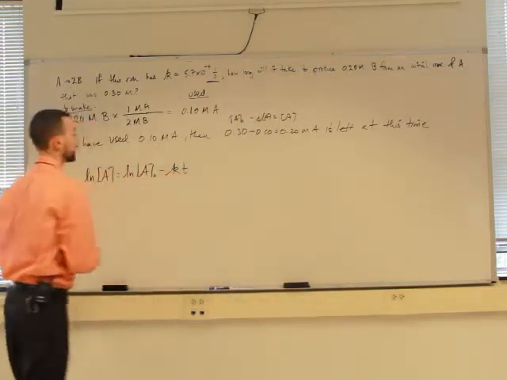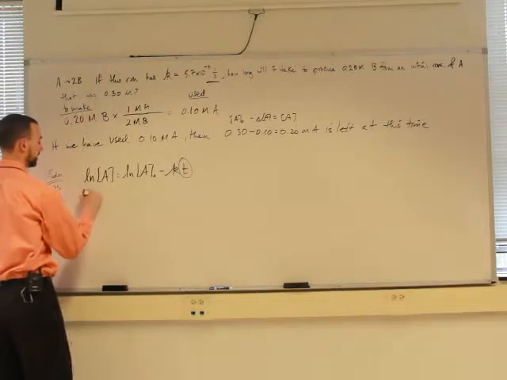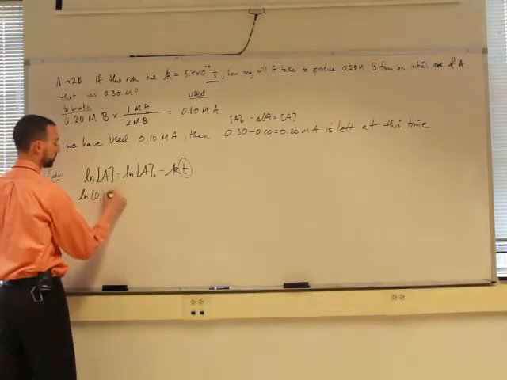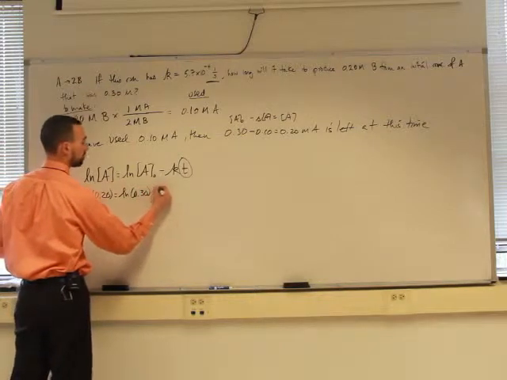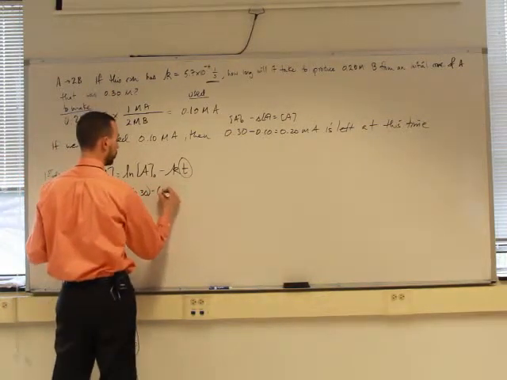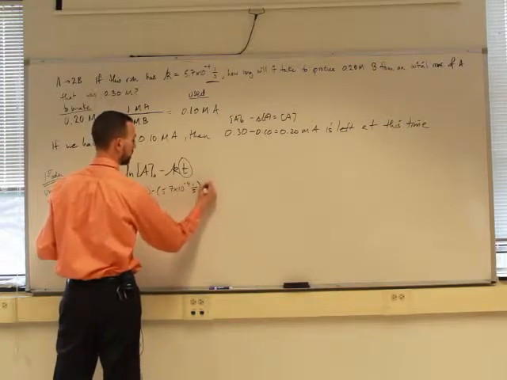All right. So now I'm after time again. I want to solve for time. So now we can plug in some numbers. ln of 0.2 equals ln of 0.3 minus 5.7 times 10 to the minus 4 times t.